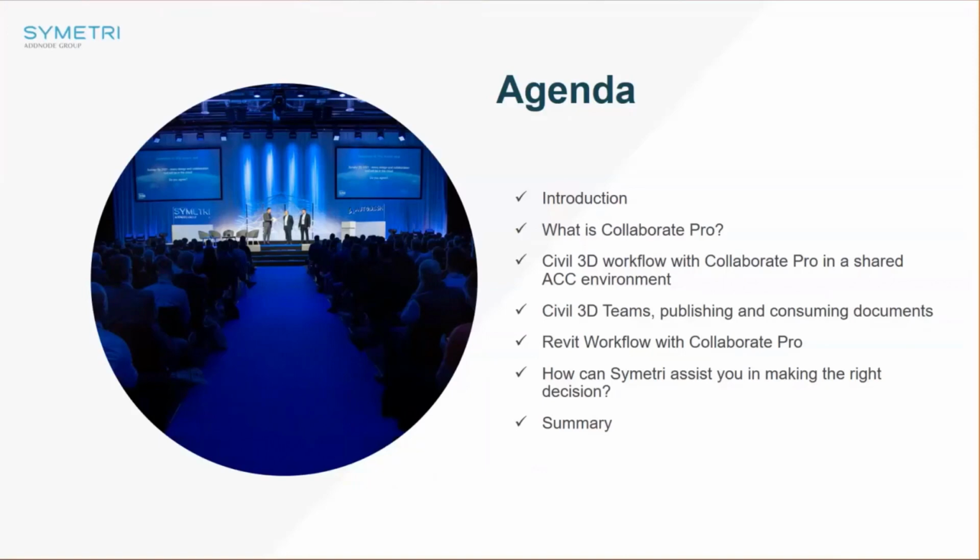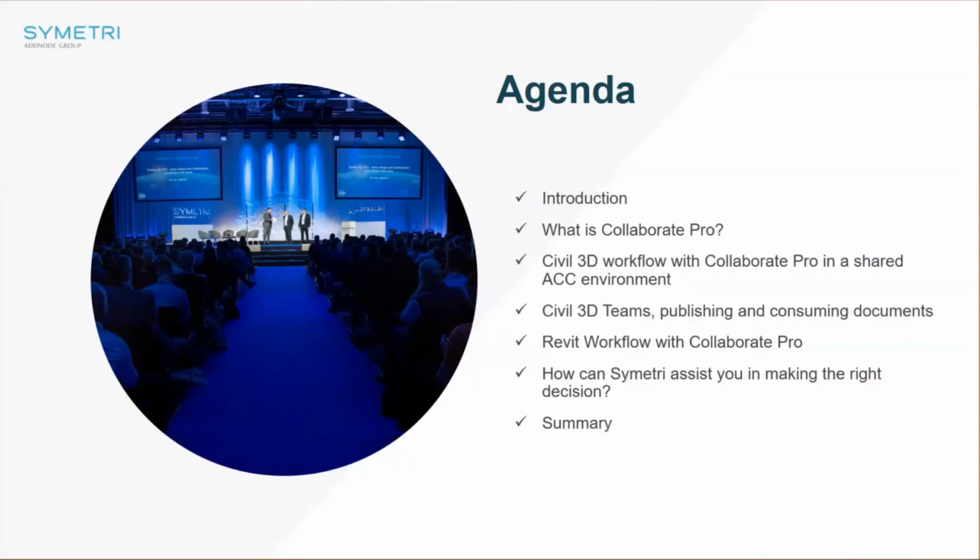We'll then be summarizing all of that within ACC platforms and how Symmetry can help you within your companies and organizations to make the right decision in terms of what it is that you want to deploy or have a look at to streamline and make your working processes more efficient.